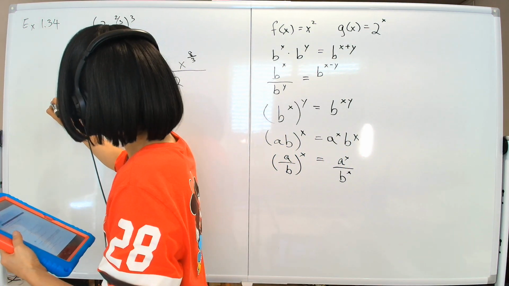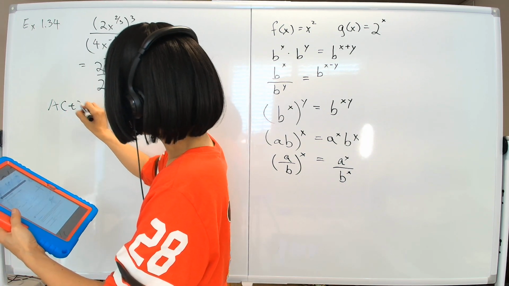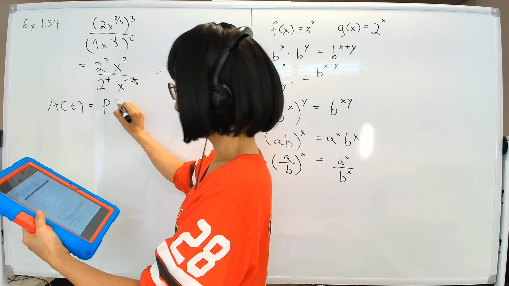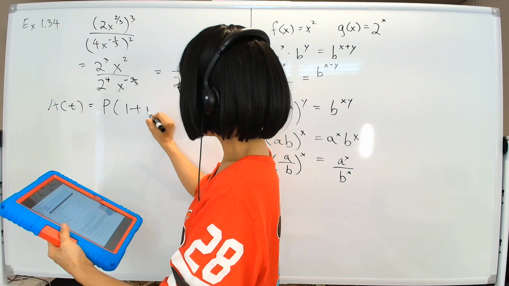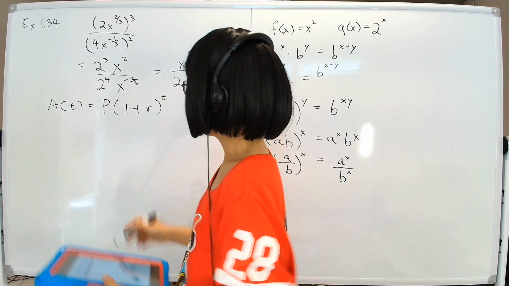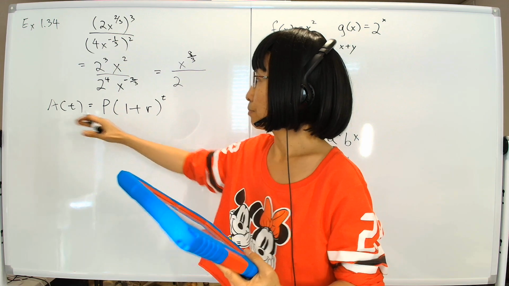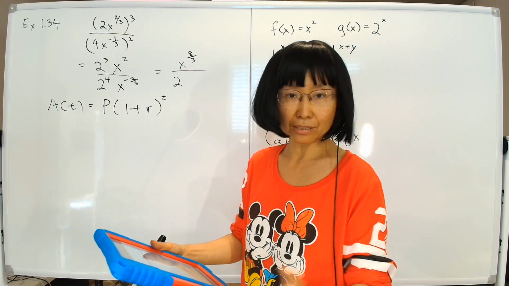A of t, A is the total amount, t is time. A of t equals your principal times 1 plus interest to the power of time. That's your compound interest, compounded once a year.